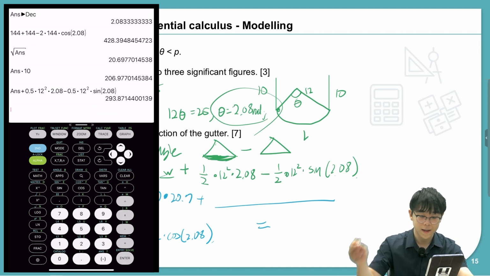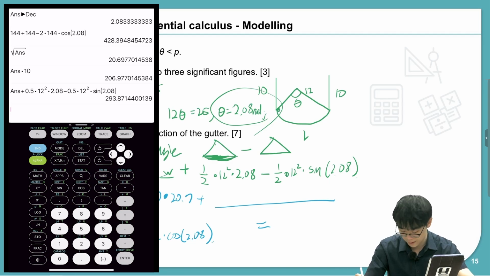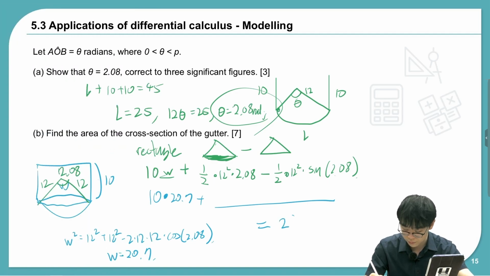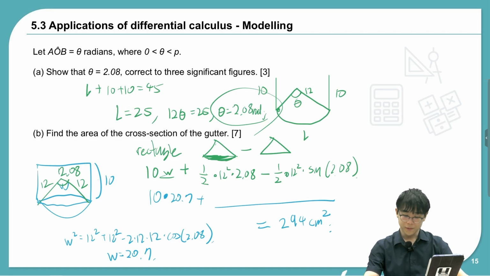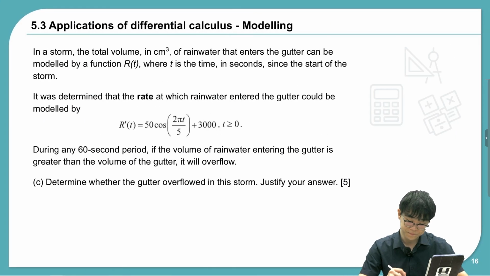If you do all that, it gives us 293.87, or we can round to 294 square centimeters. Okay, so that's how you would do part B.